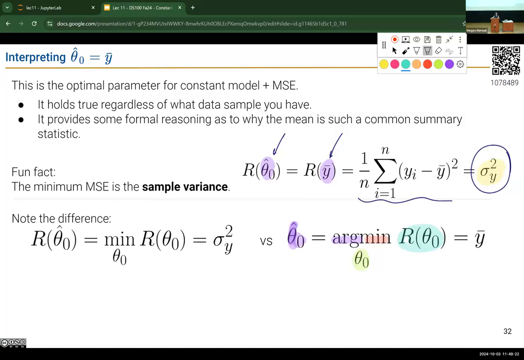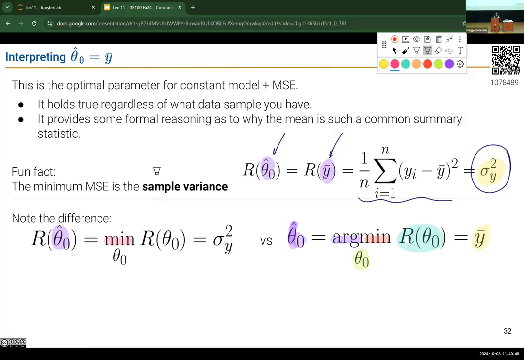Minimizes the objective function. And the argument or the value that minimizes the objective function in our case is exactly y bar. And that's what we care about. You could also argue that, okay, if I want to just get this theta 0 hat and plug it into this objective function, what is the minimum value that I'll get at the end?